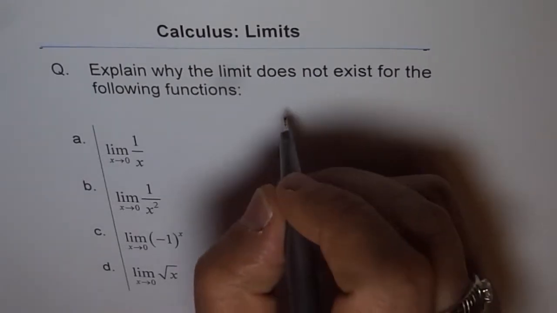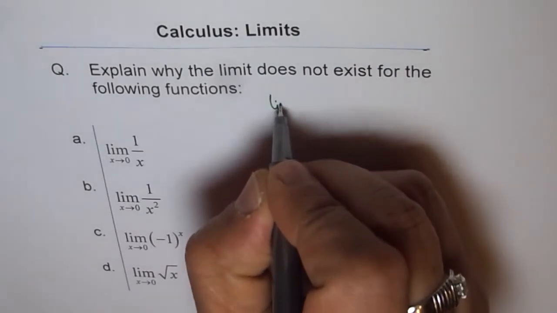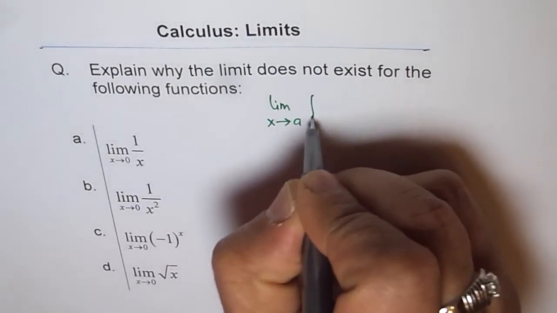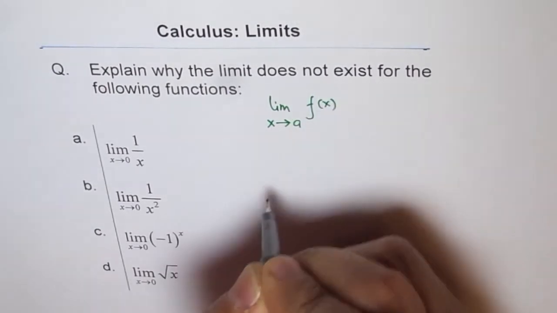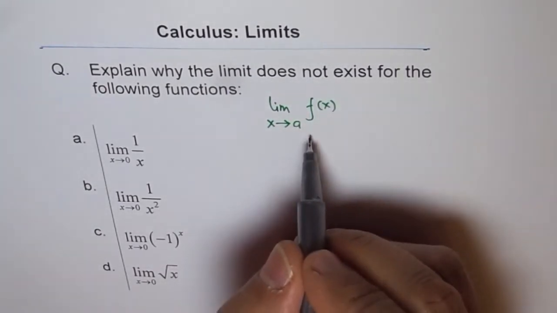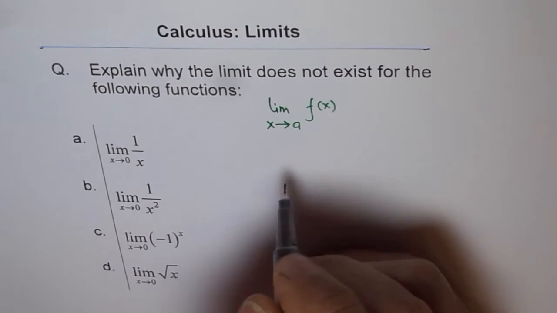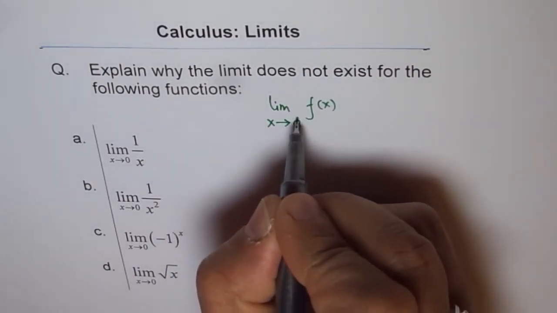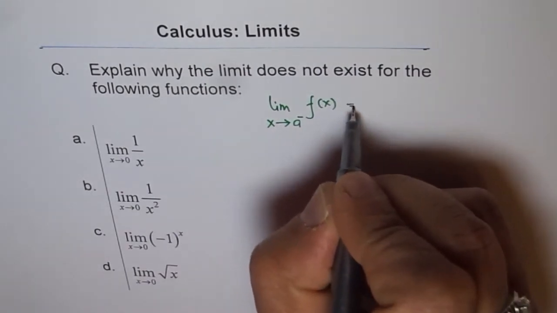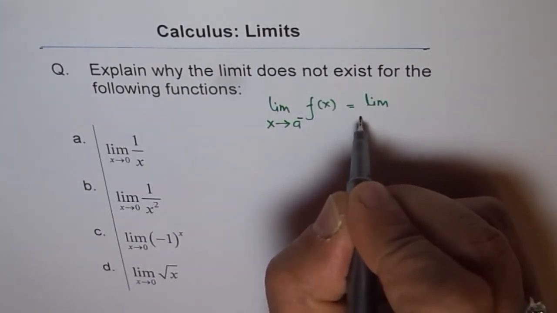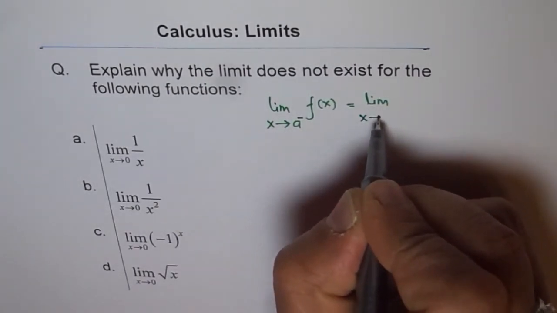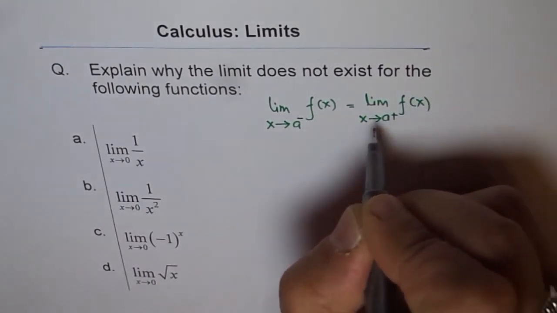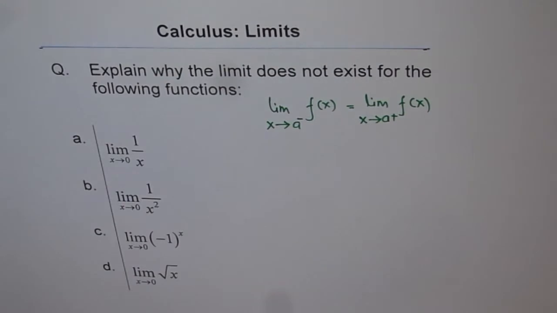So that means the limit of a function, let's say we are approaching a, I'm just taking a general f of x, will exist only if the limit of the function when you approach a from the negative side is equal to the limit of the function when you approach a from the positive side. Only then the limit exists.